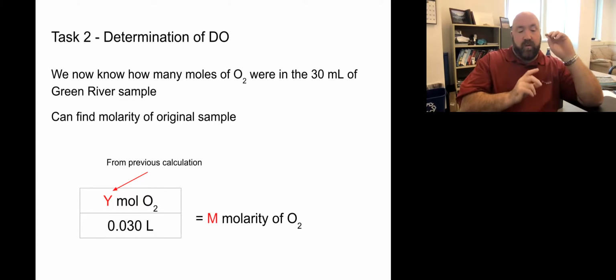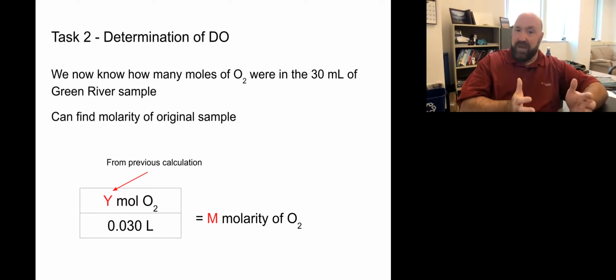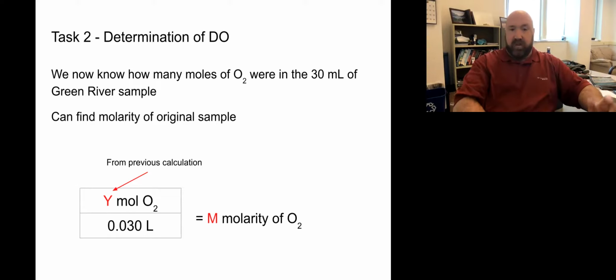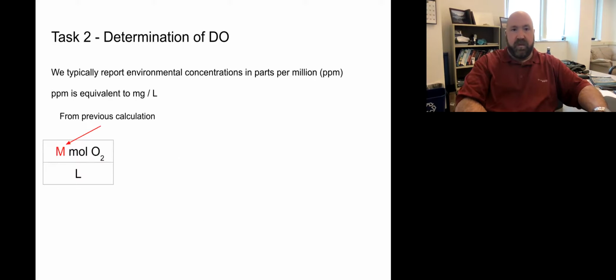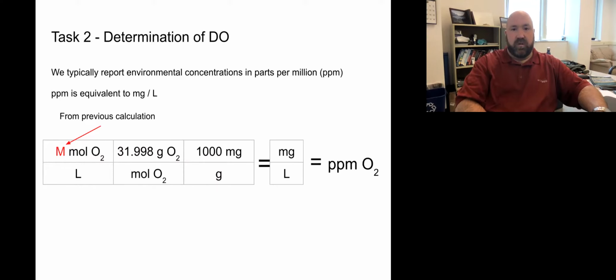Now, remember that we report dissolved oxygen in ppm. We don't actually report dissolved oxygen in molarity. So we need to convert our molarity over to a ppm. From your molarity of O2, you're going to multiply by the molar mass of O2, and then multiply by 1,000 to convert to milligrams, because another way to express ppm is milligrams per liter.